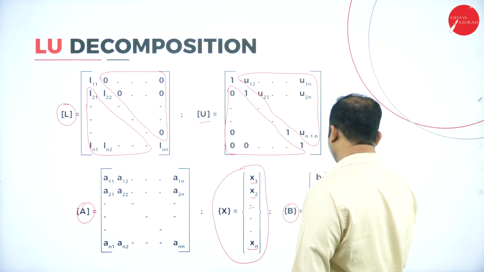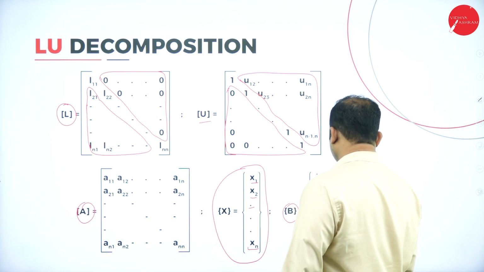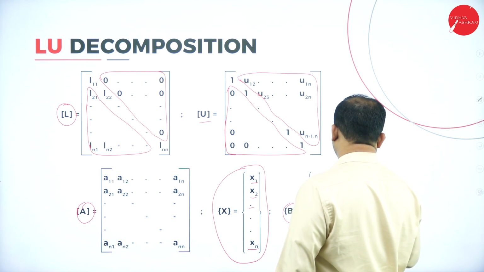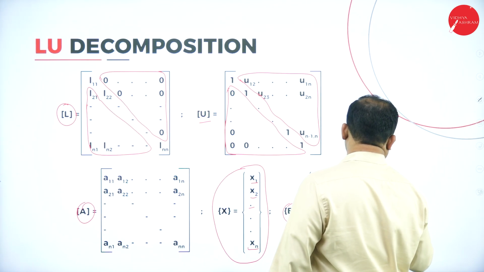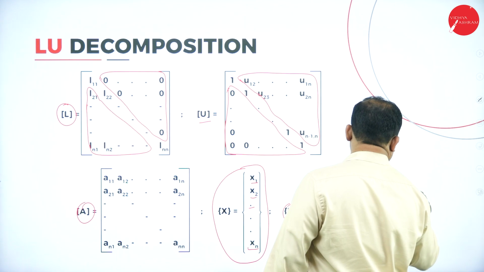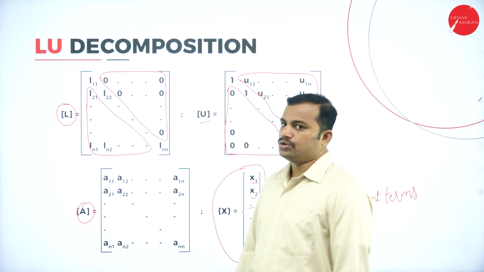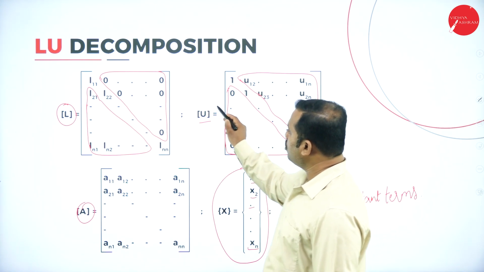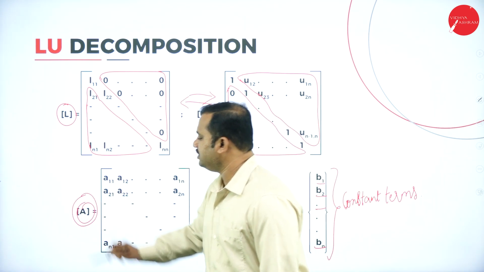We have b1, b2, b3, so on up to bn. All these are constant terms.